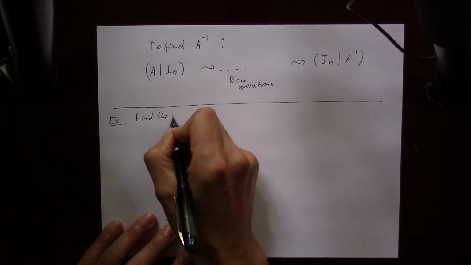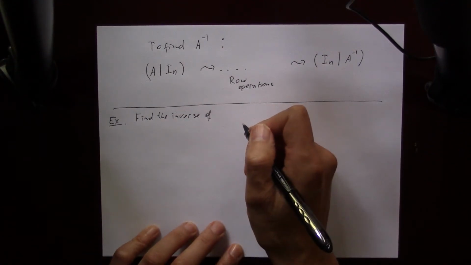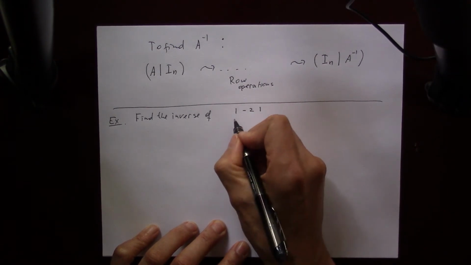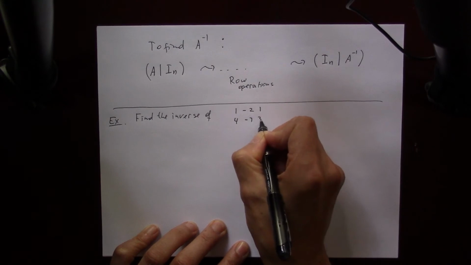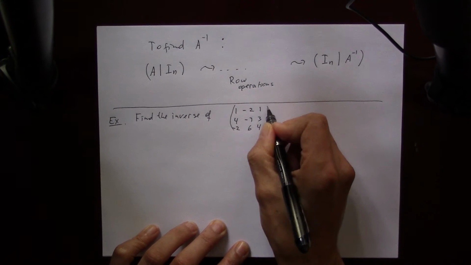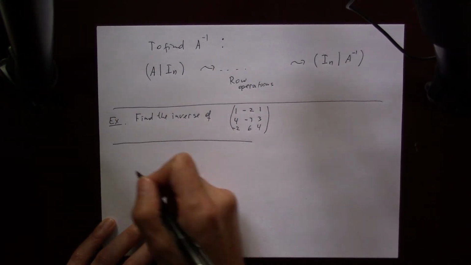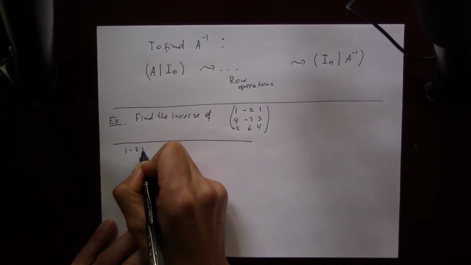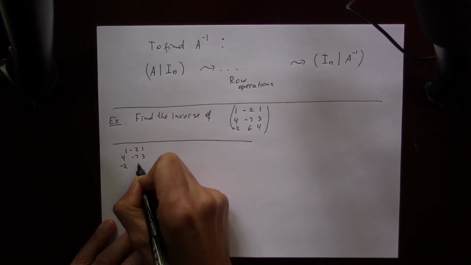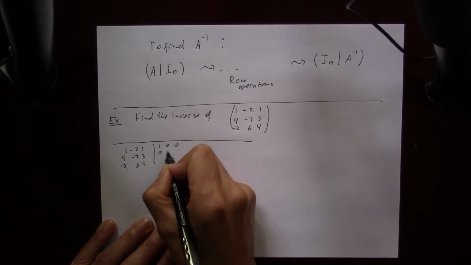Find the inverse of the matrix with rows 1, minus 2, 1; 4, minus 7, 3; minus 2, 6, 4. We start by writing 1, minus 2, 1, 4, minus 7, 3, negative 2, 6, 4, and we write an identity matrix next to it.